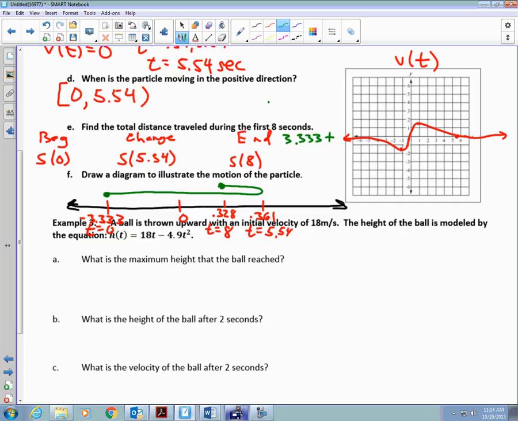Plus, how far does it travel to go from 0 to 0.361? 0.361. Plus, how far does it travel to go from 0.361 to 0.328? Whatever 0.361 minus 0.328 is, correct? Whatever that difference is, we'll calculate that when we get back.